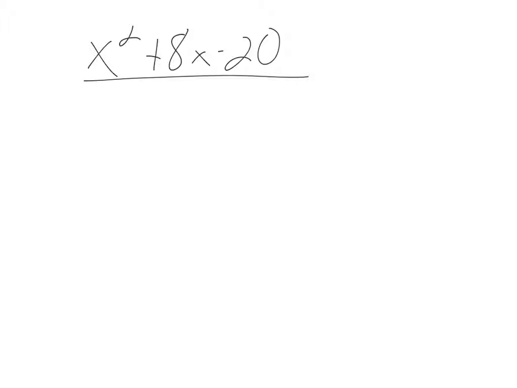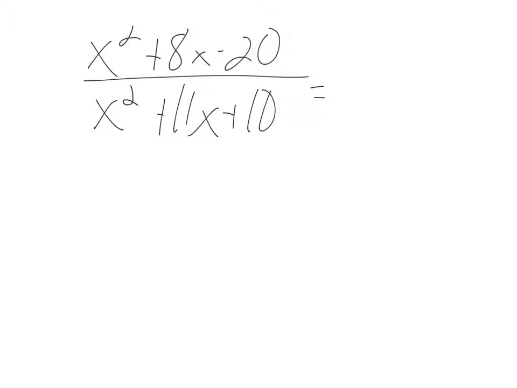Okay, for this next problem, we're going to be finding the rational expression in simplest form. And so we have x squared plus 8x minus 20 over x squared plus 11x plus 10. And at first it seems like a big problem. Oh my, fraction of polynomials, but it's not actually that big when we factor it. So let's factor it.